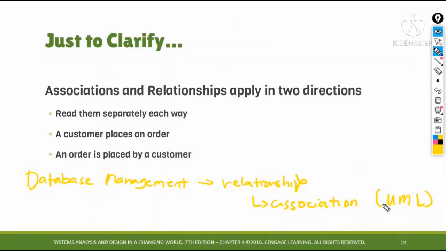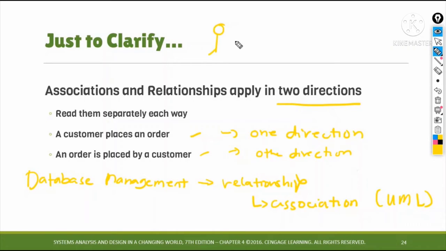So associations between things apply in two directions. For example, a customer places an order describes the association in one direction. And similarly, an order is placed by a customer describes the association in the other direction.